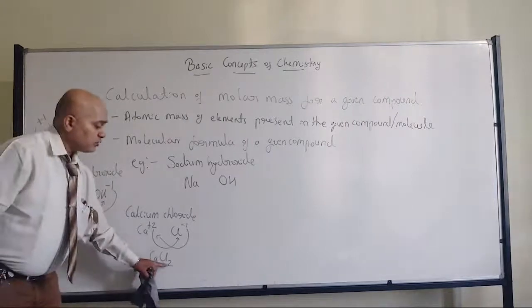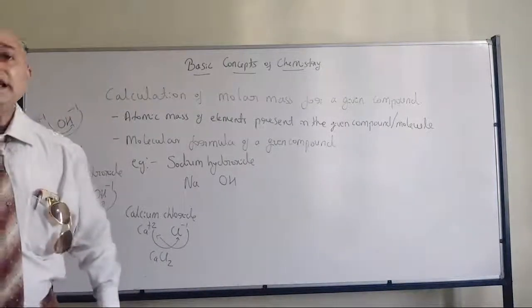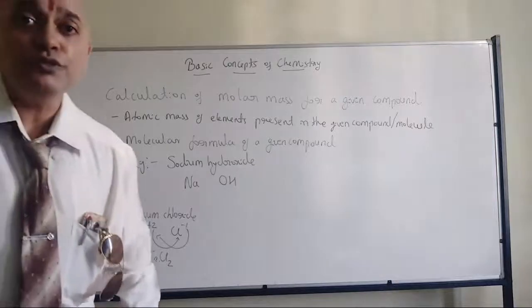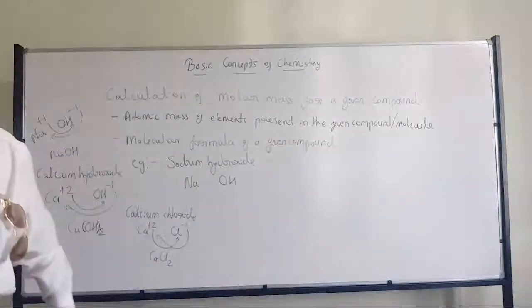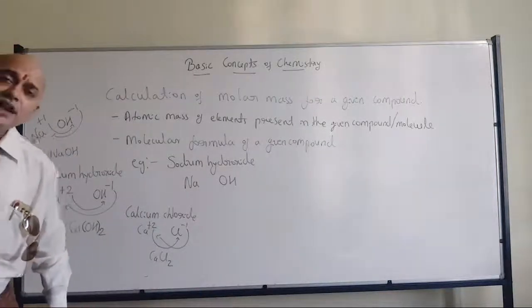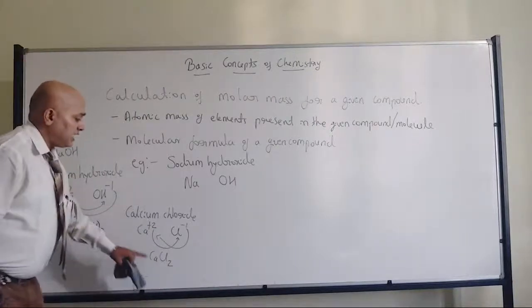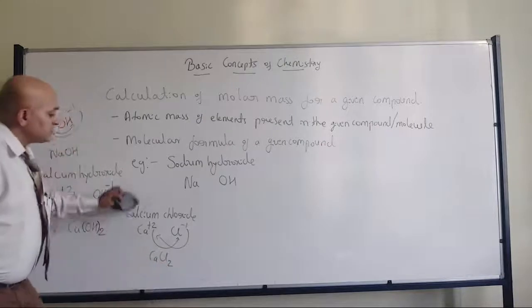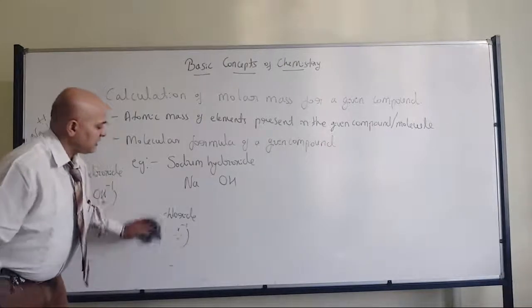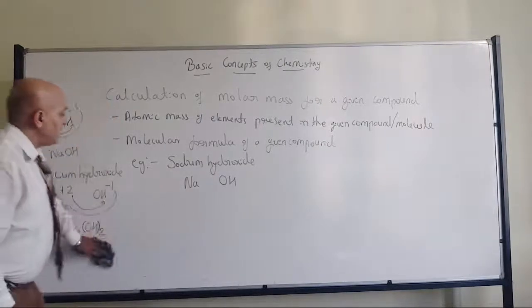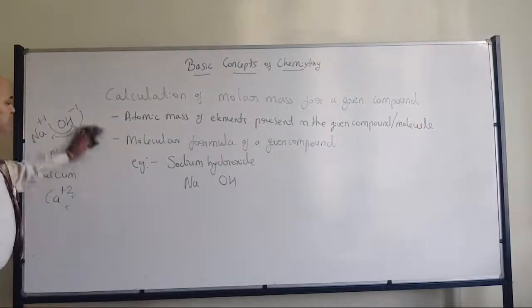But here, only one element. So directly I can write it as CaCl2. No requirement of the brackets. All of you have understood? Fine. So that's where we should write. And always this number should be subscript. Whenever you are writing the formula in chemistry, always that number should be subscript.